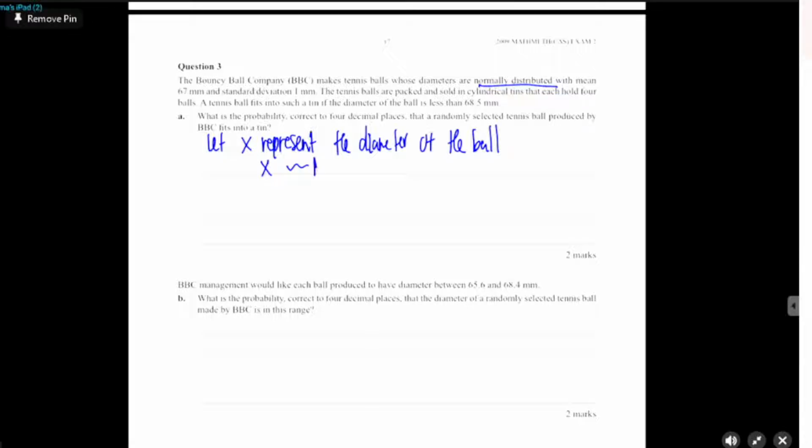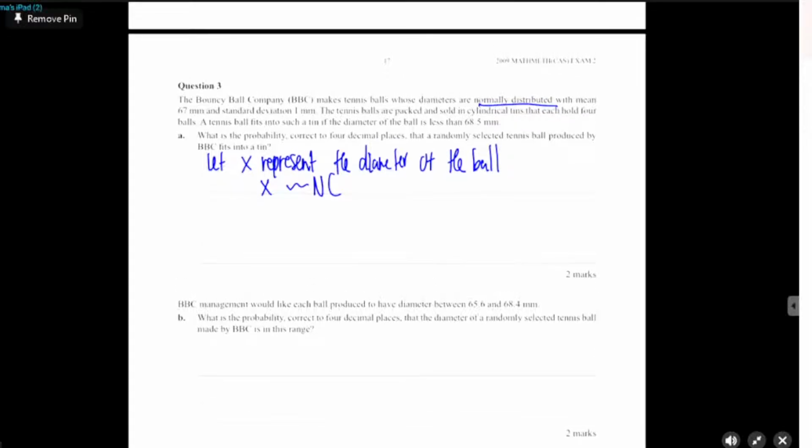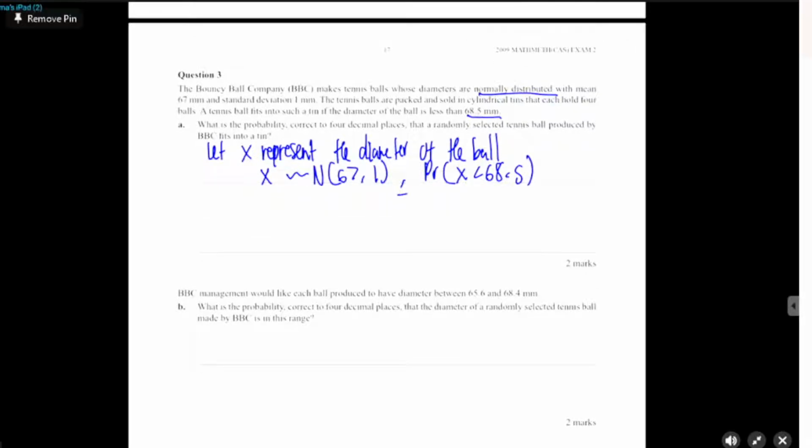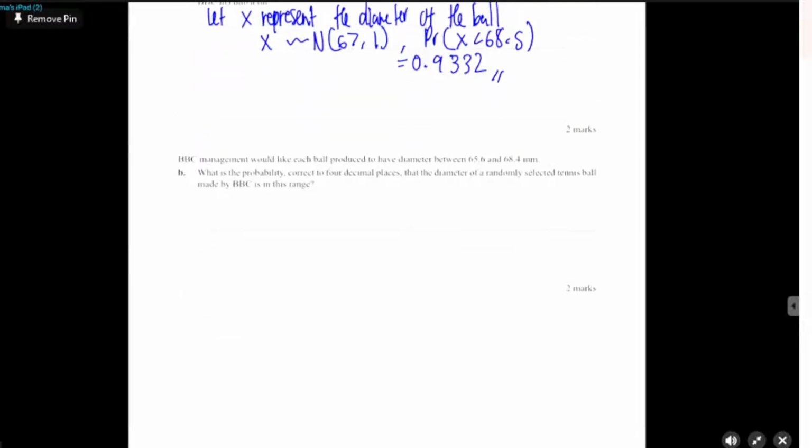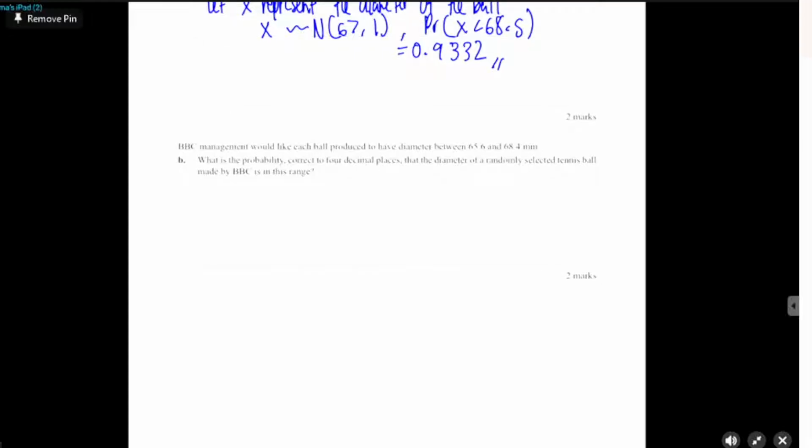Your mean is given as 67, your standard deviation is given as 1. And it's asking for probability x is less than 68.5. And then when you solve that on your CAS, you get 0.9332.